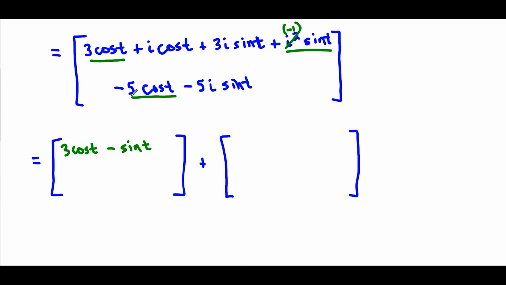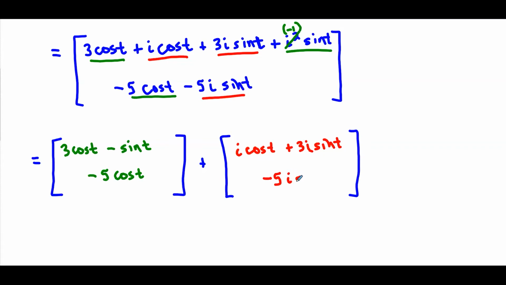And then the second component, we have -5 cosine t. And then the other vector, we're going to include everything that's got imaginary i inside. So we'll have i cosine t plus 3i sine t, first component, and then the second component is going to be -5i sine t.